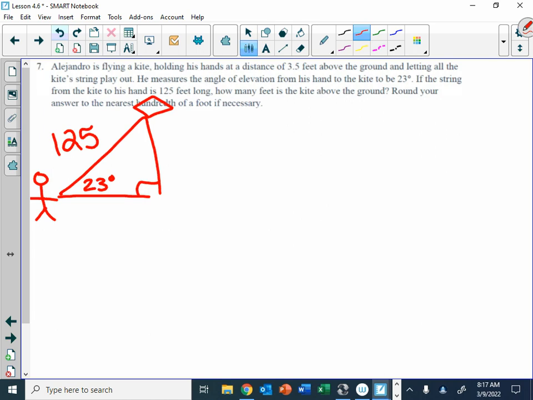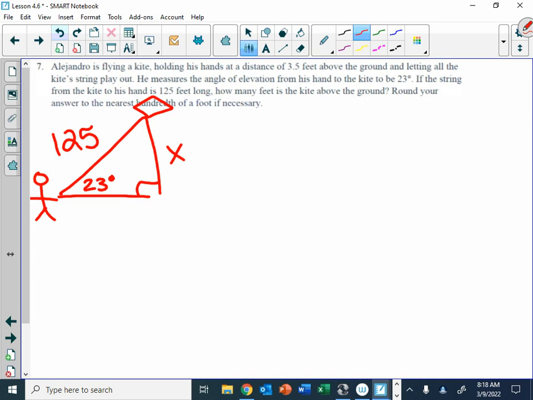How many feet is the kite above the ground? 1 or 2? 1. That's your vertical distance. So that is your X. Let's figure out this height first, and then we're going to come back to that 3.5 distance.